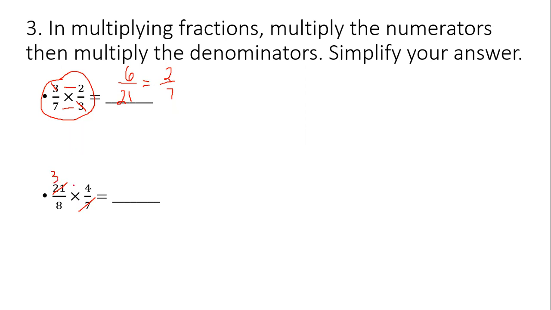This one will give us 3. This one will give us 1. They are both divisible by 7. 4 and 8, both divisible by 4. So this will give us 1. This will give us 2. So multiply 3 times 1. That is 3. Then we have 2 times 1. That will give us 2. That's our final answer.